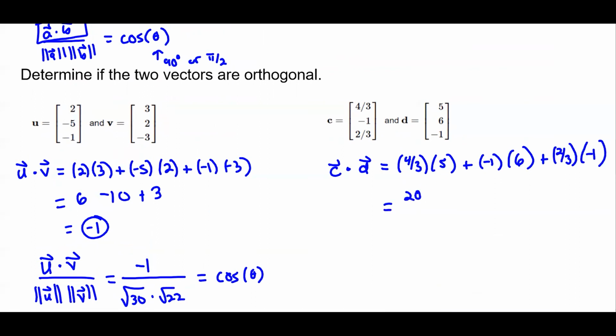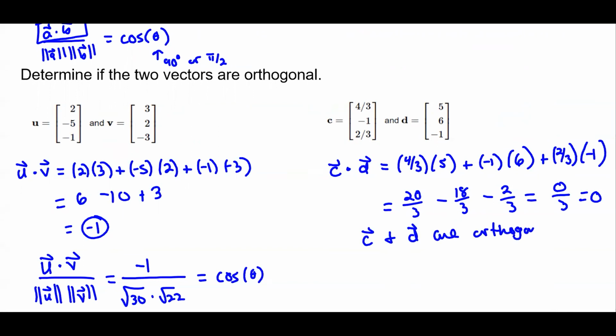So that's 20 over 3, -6 would be -18 over 3, and this is -2 over 3. That's 20 minus 18 minus 2. That's 0 over 3. So these are orthogonal. So C and D are orthogonal. U and V are not orthogonal.